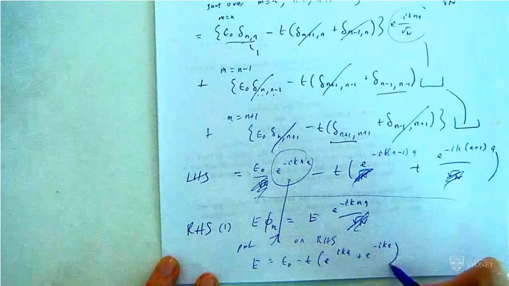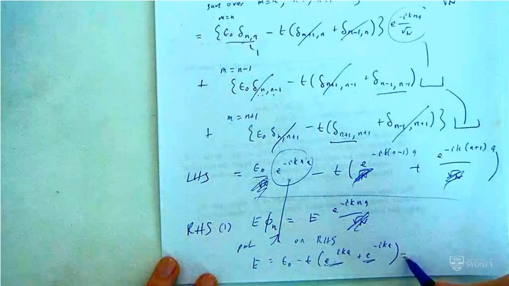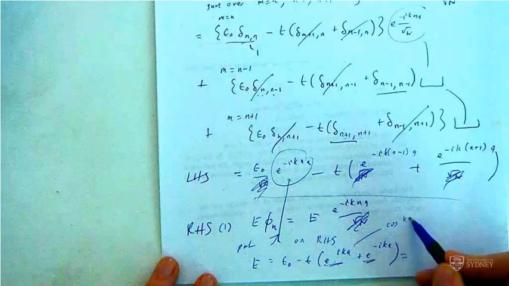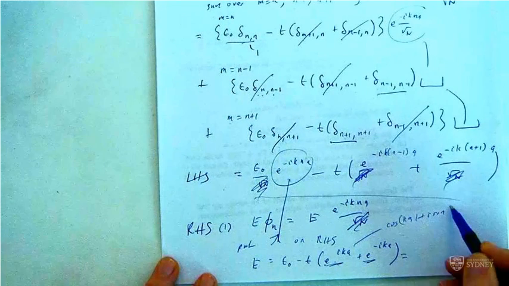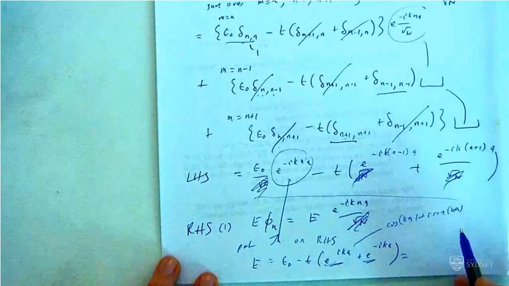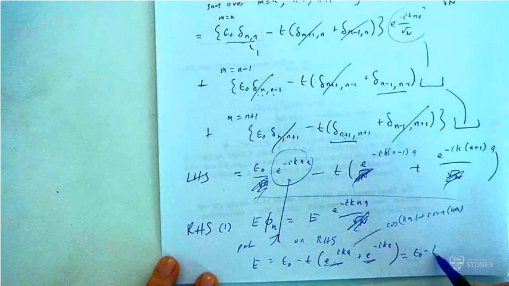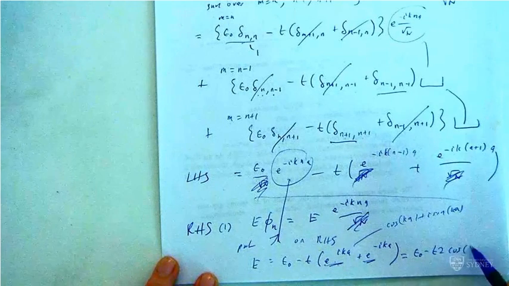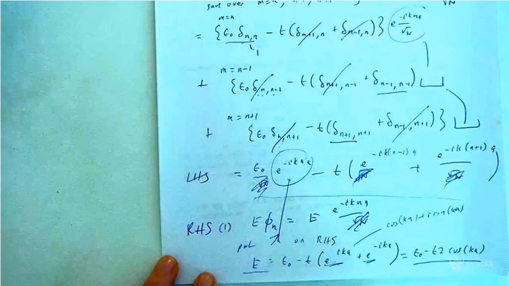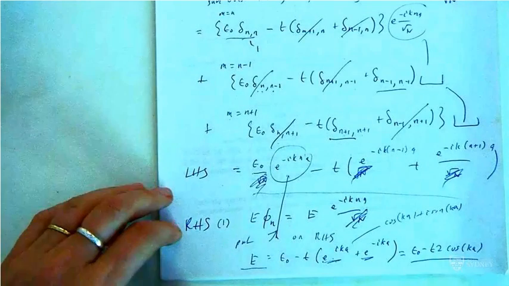And when you work these things out, cos ka plus i sine ka, the sine parts will cancel out, and you'll end up with E0 minus 2t cos ka. So that's what has been done in order to get that expression that we had.